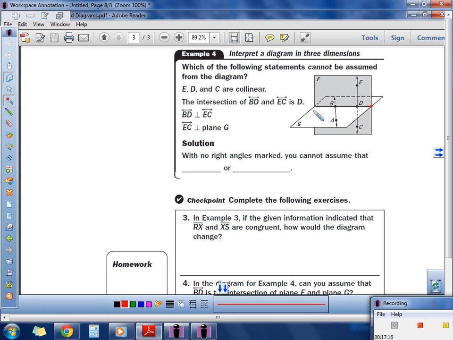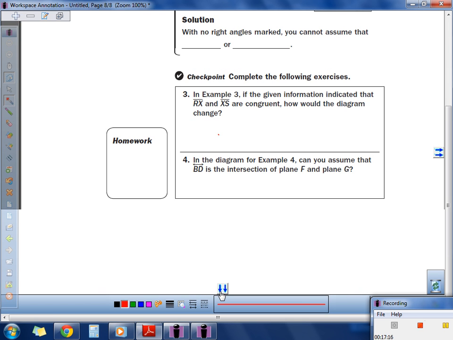The edge of the plane, there's the intersection. Trace it out. What line did I just trace on? Line BD. This is a true statement. Sorry, number 4 is a true statement. So once again, in the diagram, can you assume? Yes, we can assume that. We traced it out. We proved it. Good job.